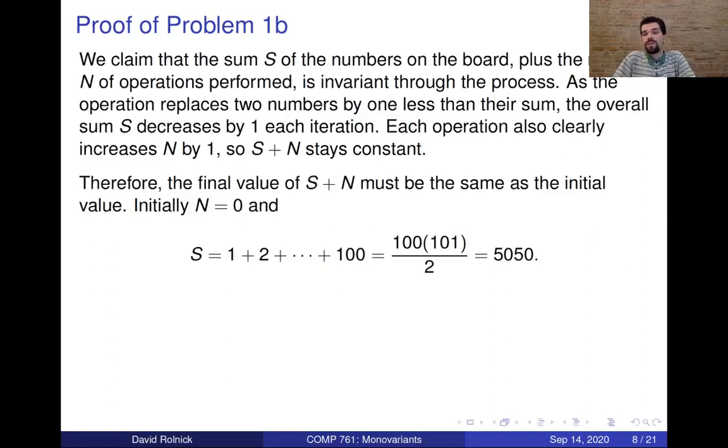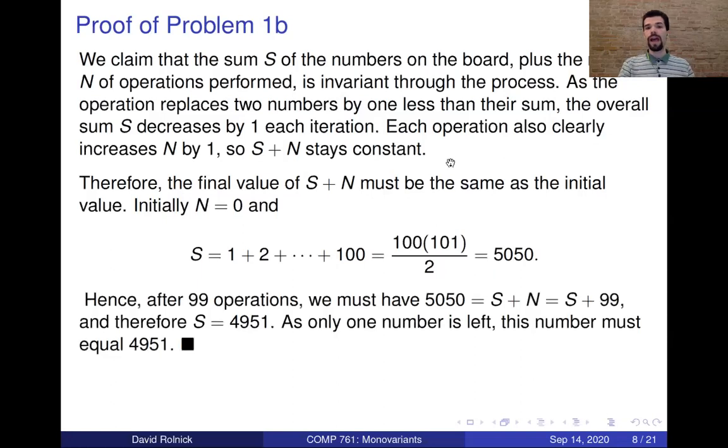Initially, what's the value of our invariant? Well, the invariant is now s plus n. So s was just, again, the sum of all the numbers, and n is just 0. So the value of the invariant is the same as the value of the invariant before. However, at the end, instead of s being equal to this invariant, we're going to have s plus n equal to this invariant.